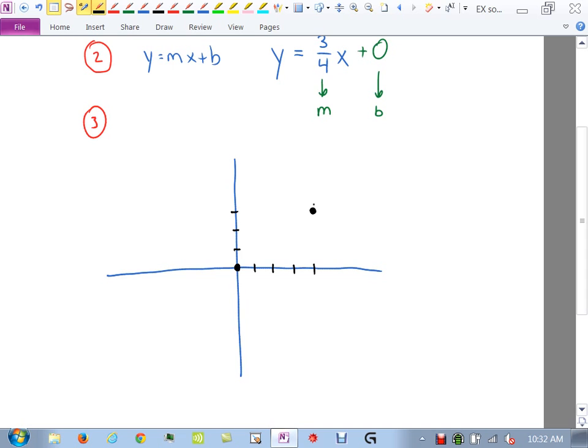Then I draw a solid line through those. I missed them both. It was hard to do, to miss them both. I was trying to miss them both just barely, and I did it perfectly. Look at that.